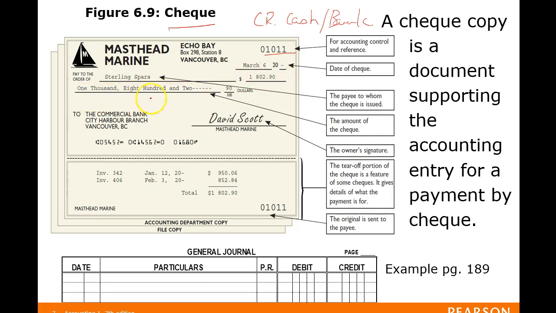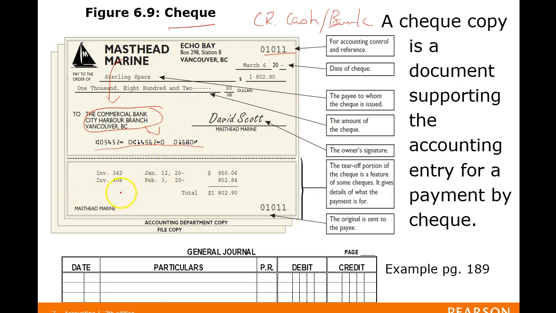That is also written out in long form. This is the bank that we use, the commercial bank. The signing authority at Masthead Marine is David Scott. These numbers reference our account number with that branch.